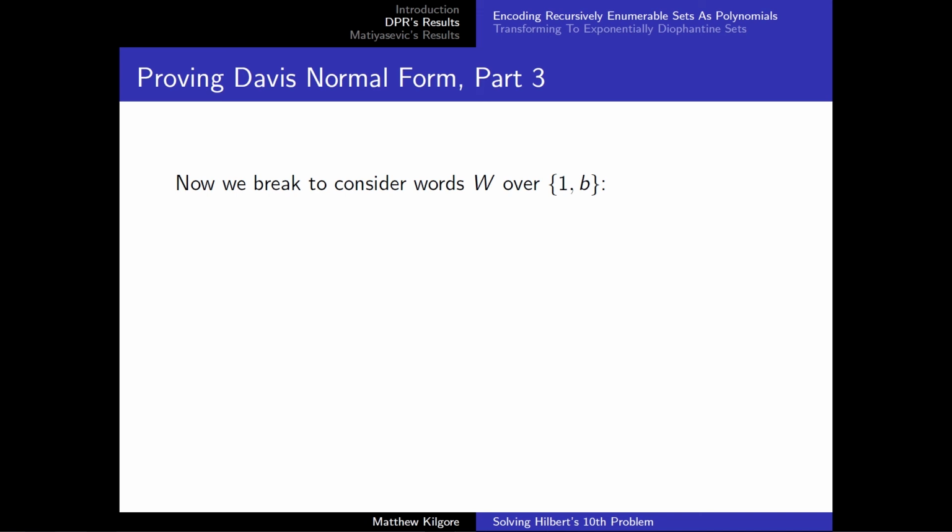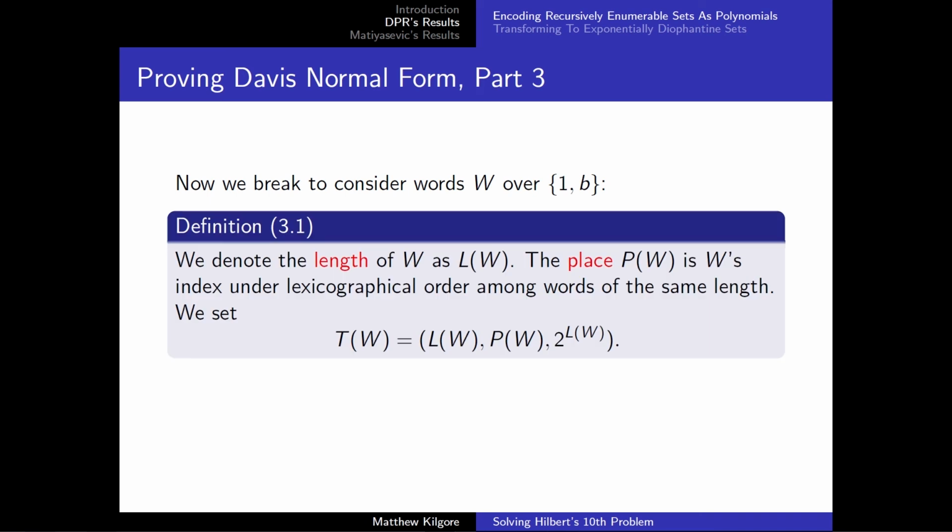Now, we denote the length of W as O of W. We also define the place, P of W, to be W's index under classical lexicographical order among words of the same length.